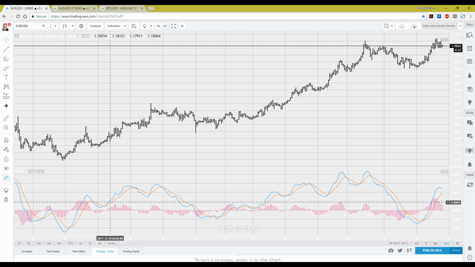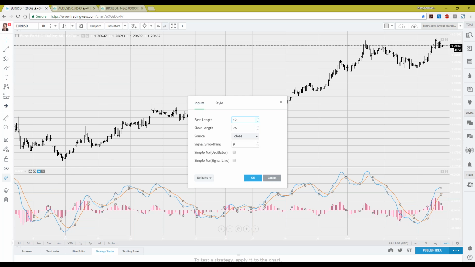So what do we have? We have our fast moving average and our slow moving average, which are at 12 and 26. And we have our smoothing signal at 9.